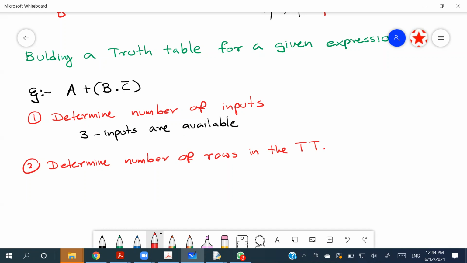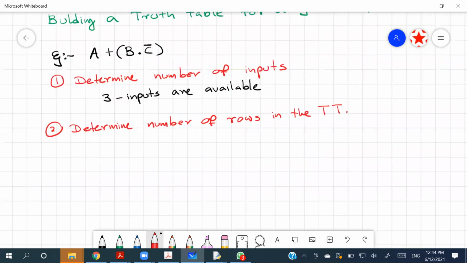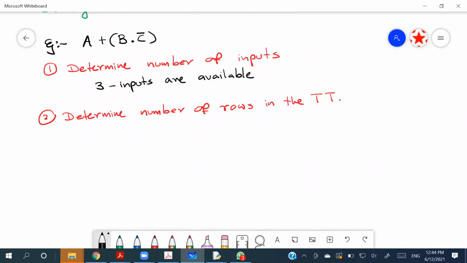For this, there is a small equation, and you can remember it without using the equation: if one variable is 2 lines, 2 variables are 4 lines, 3 variables are 8 lines, 4 variables are 16 lines. That's all that you are going to refer to, right? But I'll show you what the relationship is.